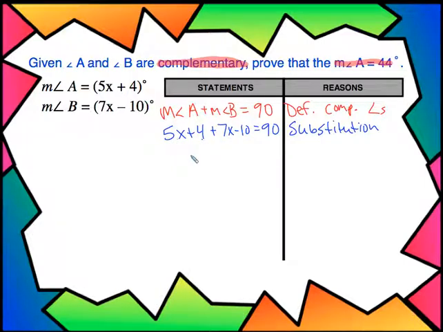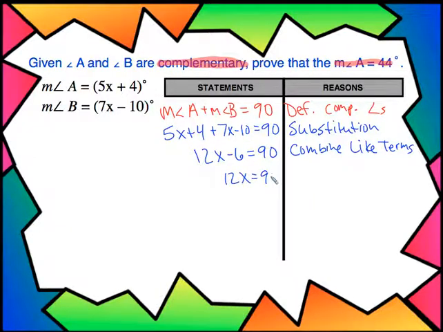Then I would combine my like terms and get 12x minus 6 equals 90. You could also write arithmetic there, that's fine. Then I'd add the 6, get 12x equals 96. That's addition. Then you'll divide both sides by 12 and get x equals 8.